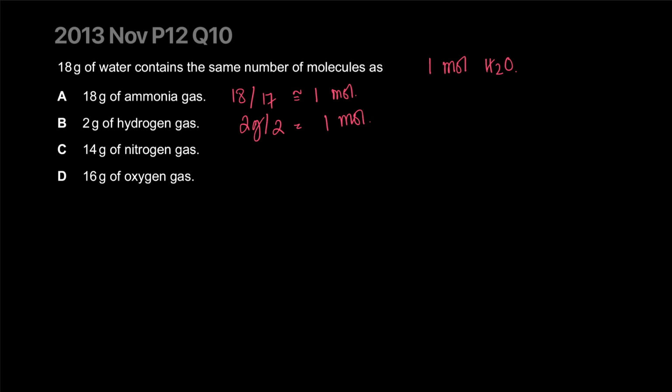Nitrogen is N2, so its Mr is actually 28, so that will give you 0.5 moles. And 16 grams of oxygen, same story, will be 0.5 moles, because oxygen has an Mr of 32. So the correct answer is B.